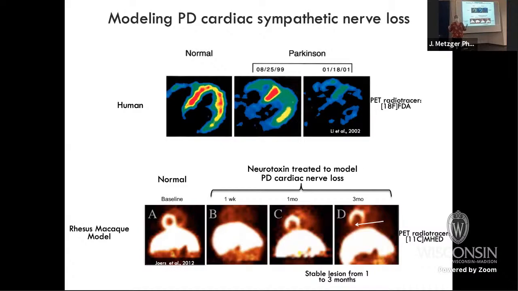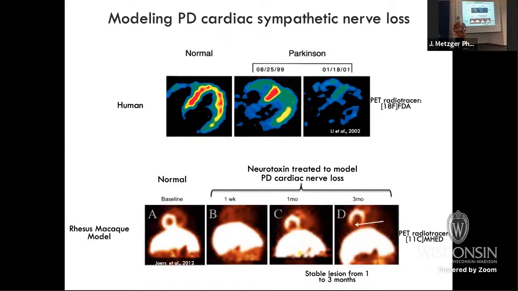So it's taken up by these sympathetic fibers. So we were able to see the heart in our non-human primate using this PET radioligand. And not only that, but she then developed a model of a loss of sympathetic innervation in the heart, to model the pathology that we see in Parkinson's disease. And we created that model by the administration at time point 0 here of a neurotoxin called 6-hydroxydopamine.